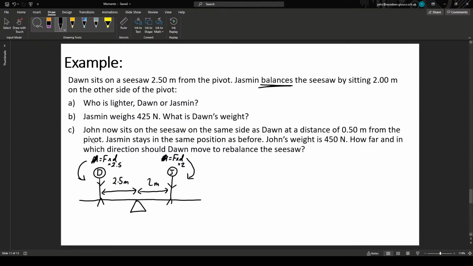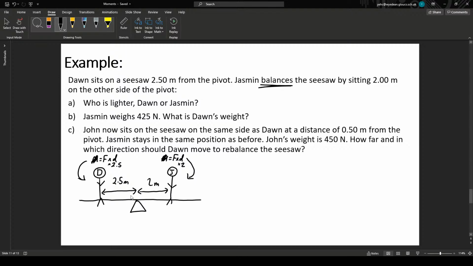If you thought that Dawn would be the lighter one, then you are correct, because Dawn is further away. If she was the same weight as Jasmine, let's think about this.